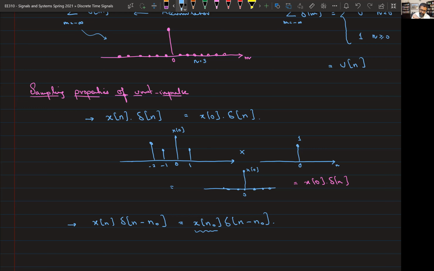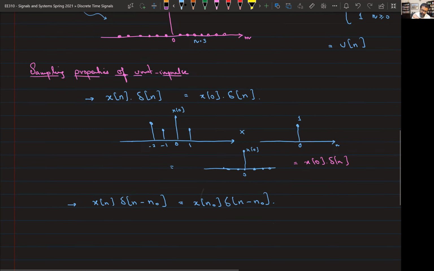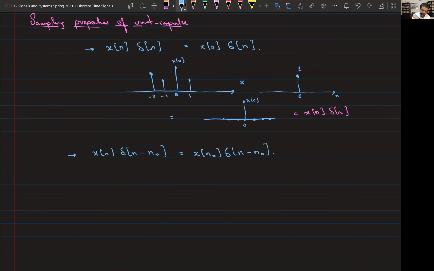Okay. Let me ask you something else now, right? So what about this summation, where I sum from minus infinity to plus infinity, x of n delta n minus n naught. What do you think this will turn out to be equal to? Right.